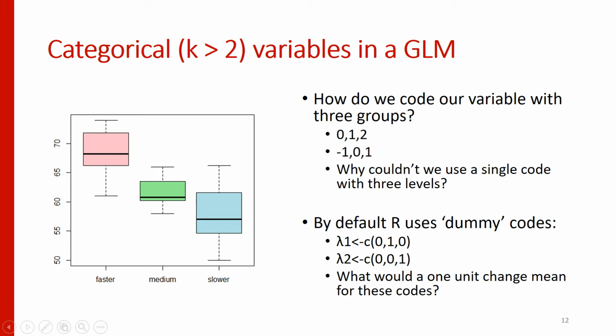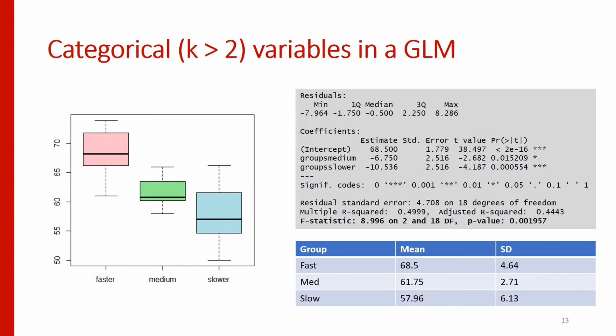So our intercept, when both values are 0, will refer to the faster group. And then when we have a 1 and a 0, that will be the difference between our faster group and the medium group. And if I have a 0 and a 1, that'll be the difference between the faster group and the slower group. And we'll show you a little bit more about how that works before we move on to thinking about this as a contrast code.